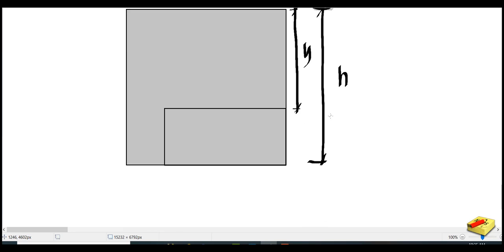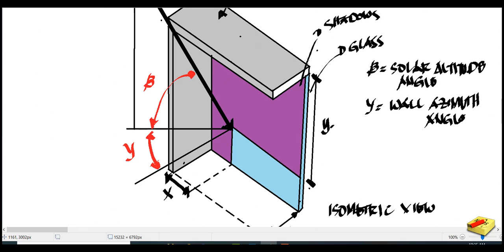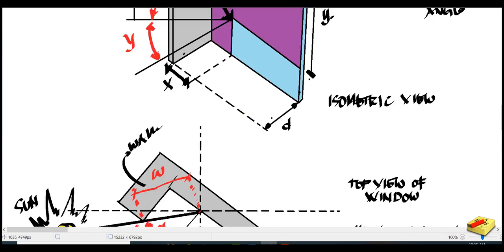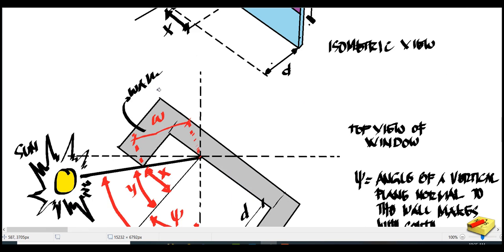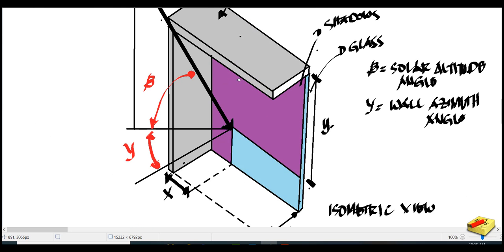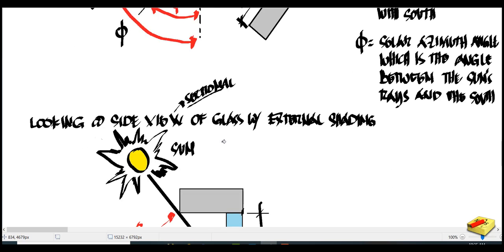Now the shaded area, which is not totally exposed to the sun, I'm going to color the same color so it's easier to follow.